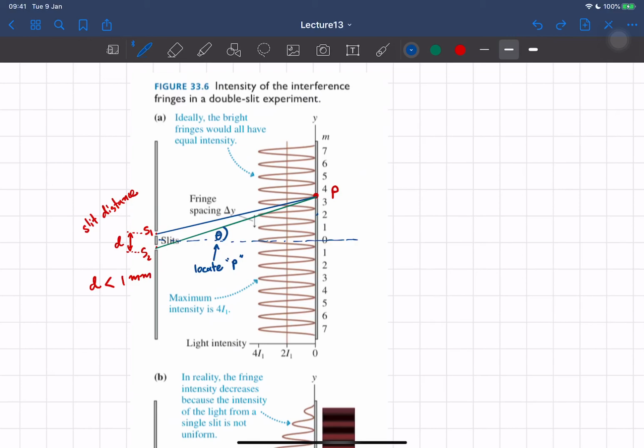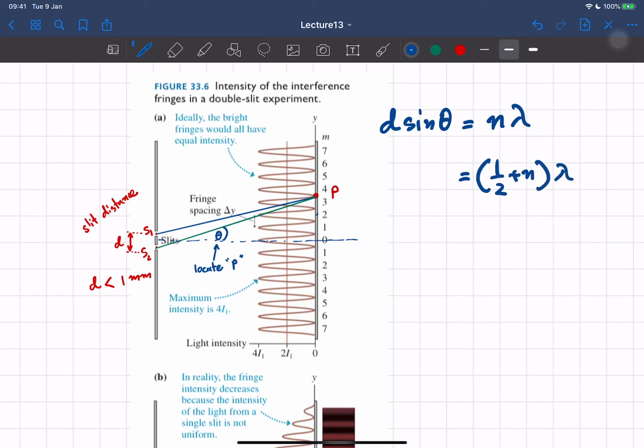And the formula you use to check whether P is constructive or destructive interference is d sine theta, this angle, equal to n lambda or half multiple of lambda.